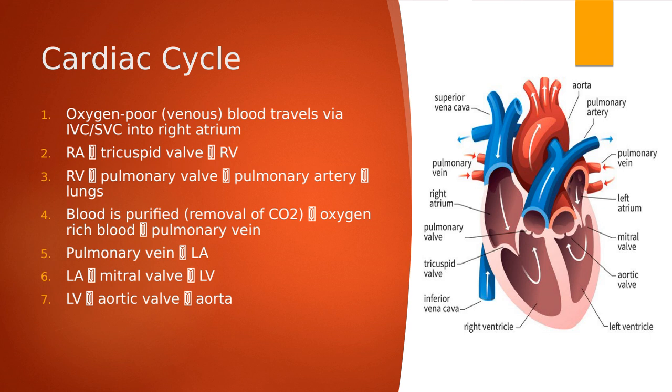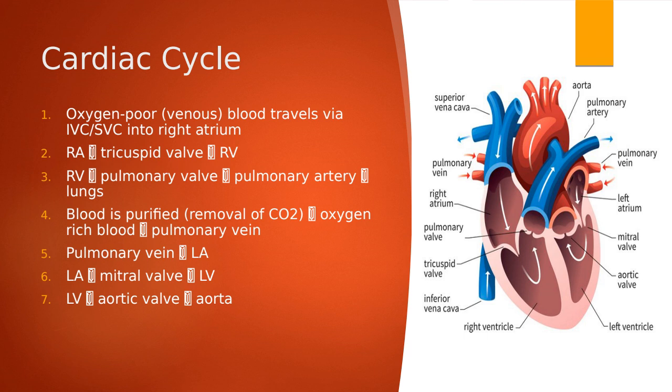So we're getting this oxygen-poor venous blood that came from everywhere else in the body. If it came from the lower half of the body, it's coming into the right atrium through the IVC. If it came from the upper half, it's still coming into the right atrium, but now through the SVC. So IVC, inferior vena cava, for the lower half of the body, SVC, superior vena cava, for the superior half of the body.